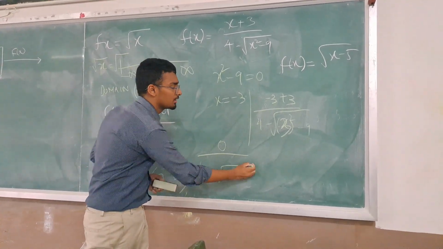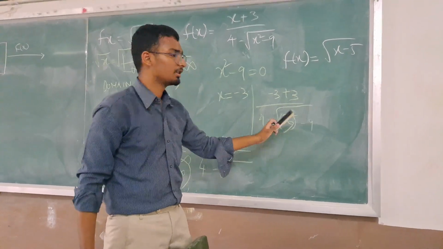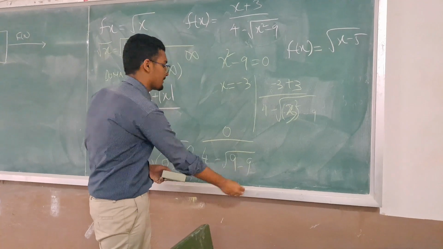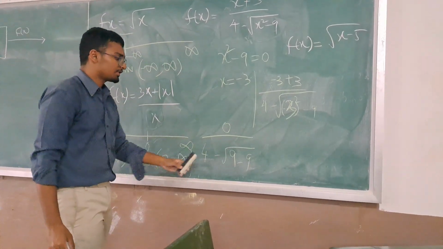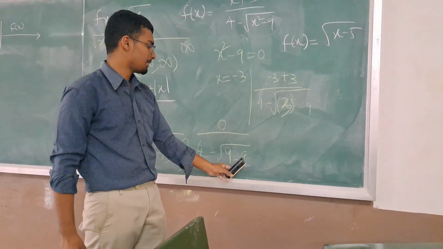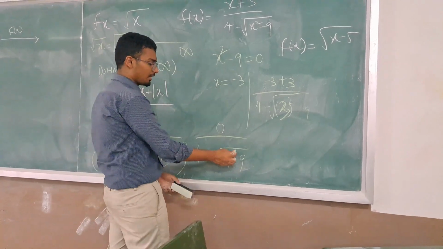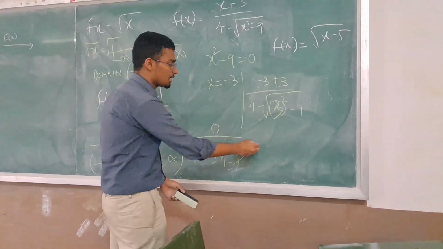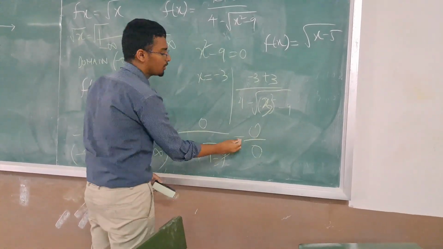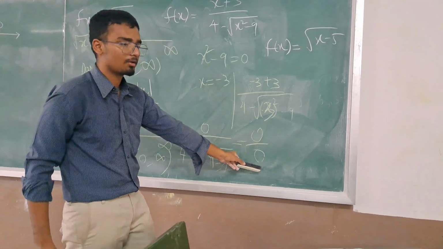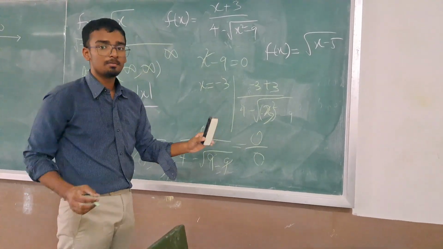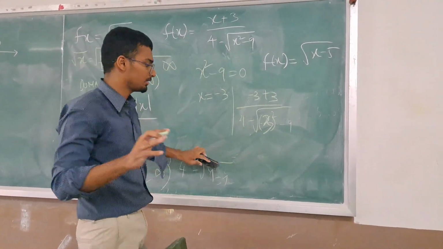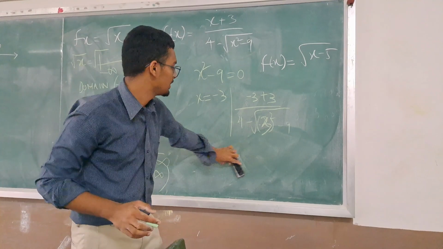Inside the root term, minus 3 the whole square will be 9, and 9 minus 9 gets cancelled, so the root contains 0. Both numerator and denominator are 0, so the end solution will be undefined. So we are not taking minus 3 in the interval.